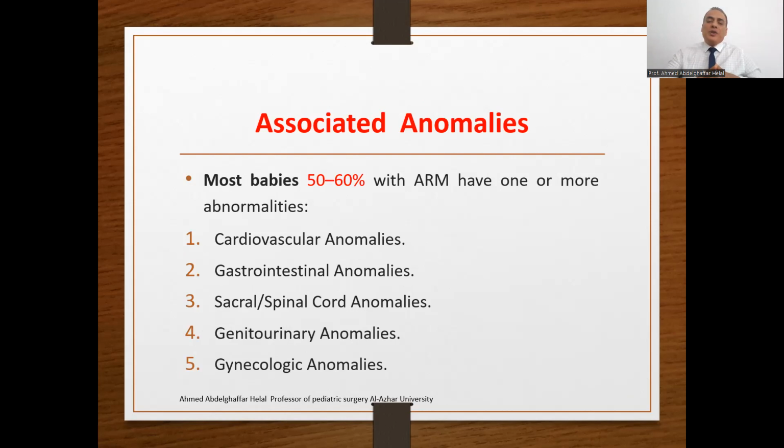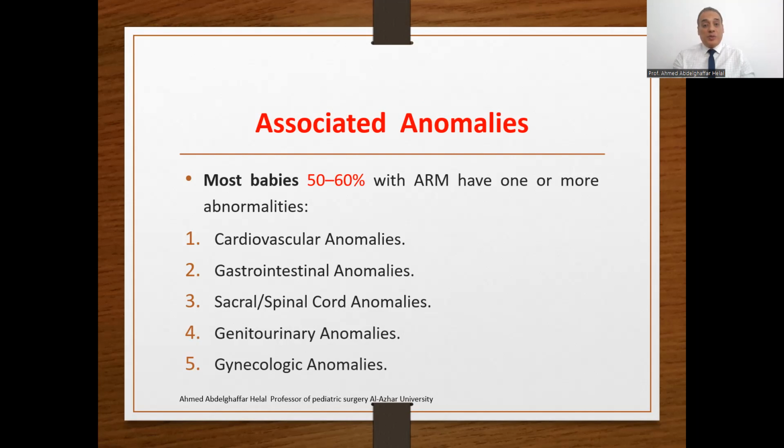Now we must speak about the associated anomalies. It's very important when you see a case of anorectal malformation, whether rectoperineal, rectourethral, H-type, or anal stenosis or atresia, that you search for associated anomalies.